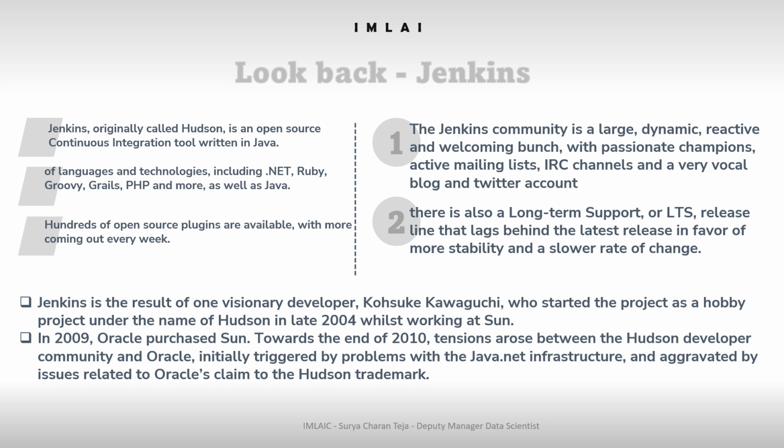The vast majority of the core and plugin developers upped camp and followed Kohsuke Kawaguchi and other core contributors to the Jenkins camp, where the bulk of the development activity can be seen today. After the fork, a majority of users also followed the Jenkins developer community and switched to Jenkins.